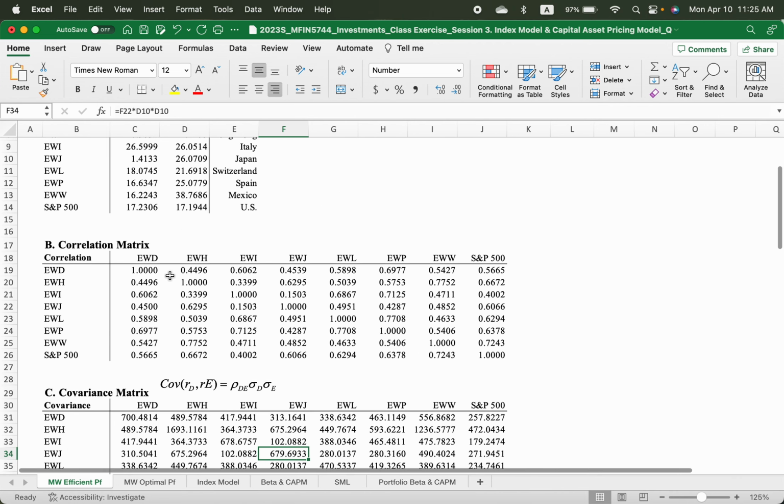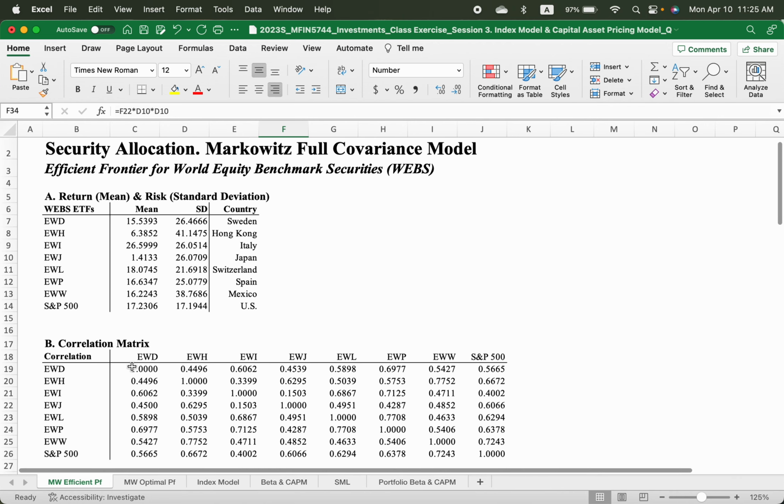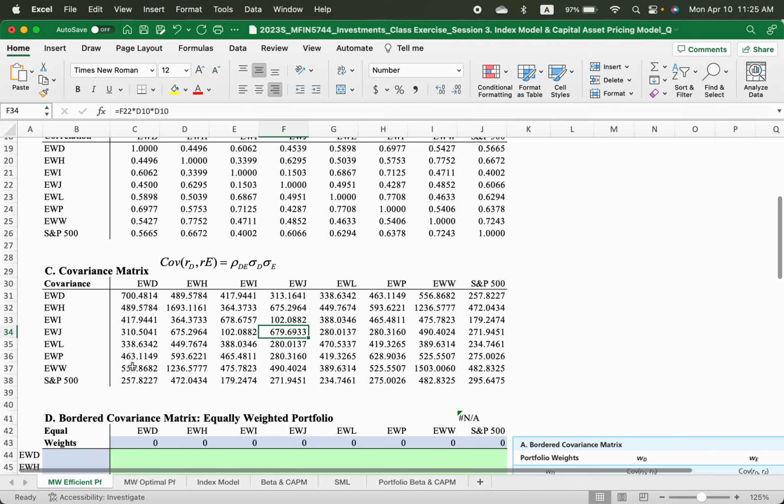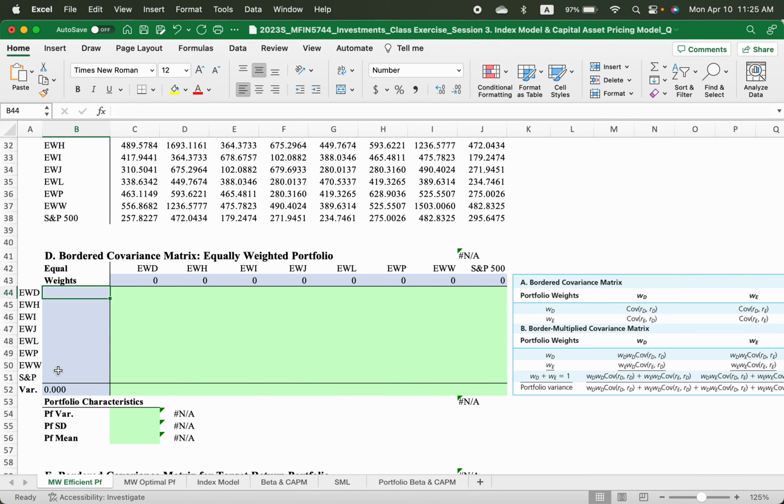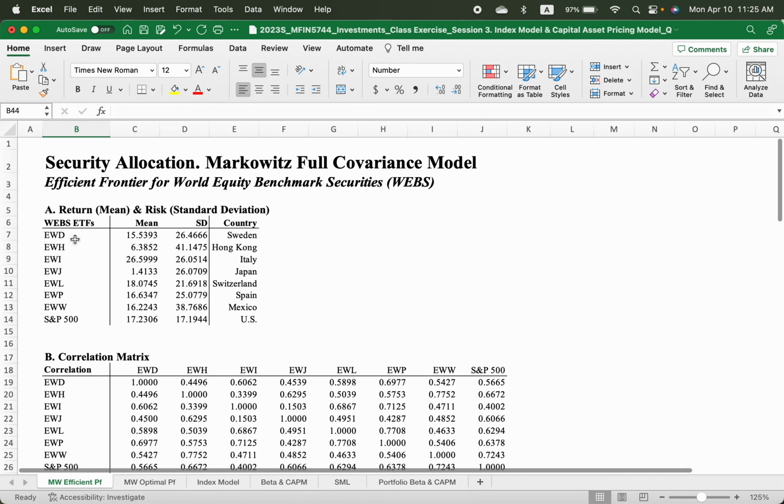Once we complete the correlation matrix and the covariance matrix, then we need to get the weighted covariance matrix, assuming an equally weighted portfolio. For example, if we assume 100% of the investment is spread across these, how many options do we have?